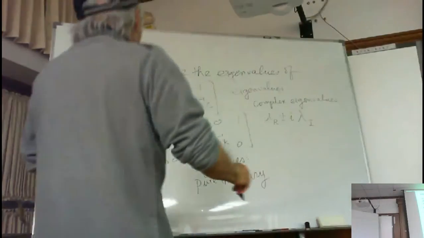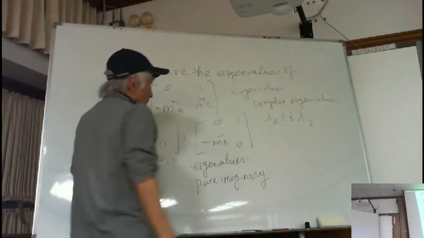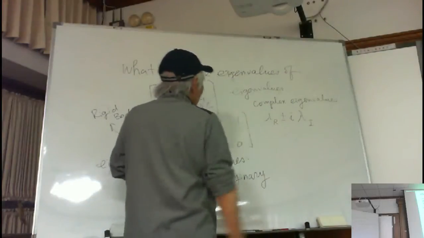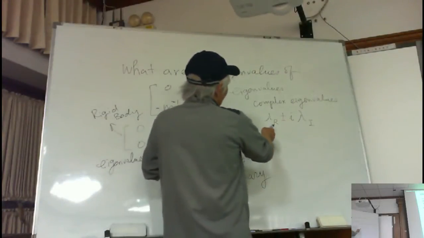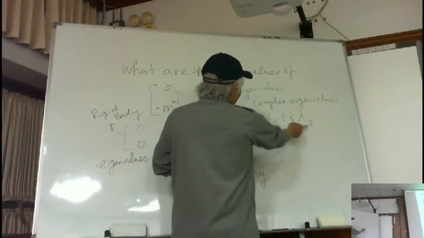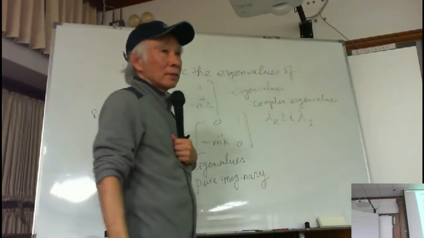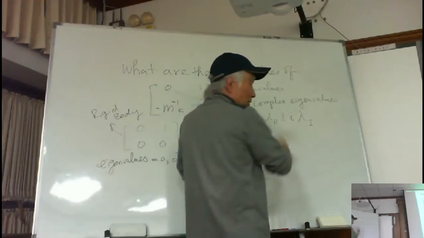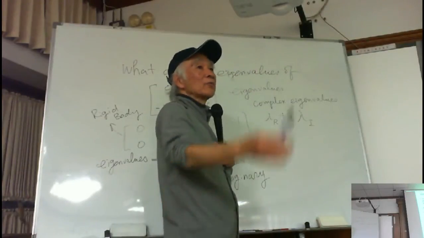The eigenvalues of this matrix include two eigenvalues with a real part and imaginary part, and plus or minus always come as a pair.